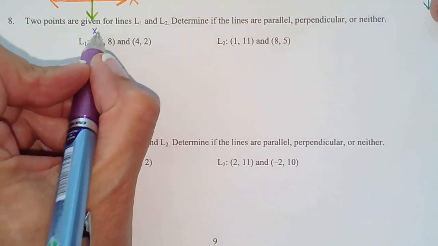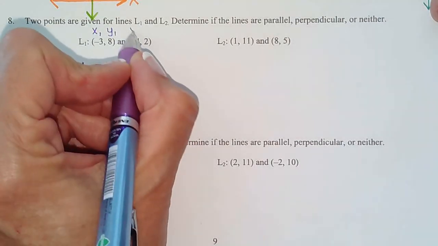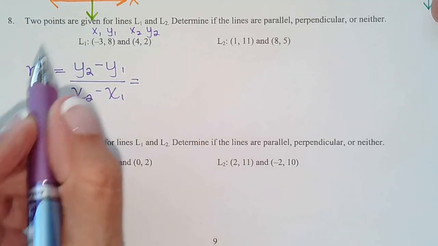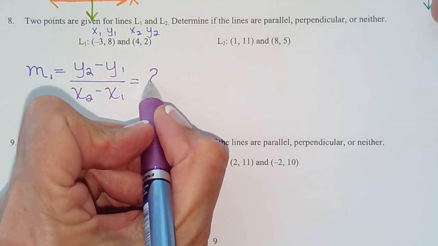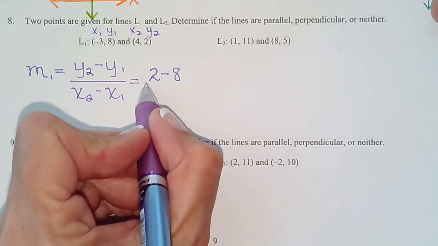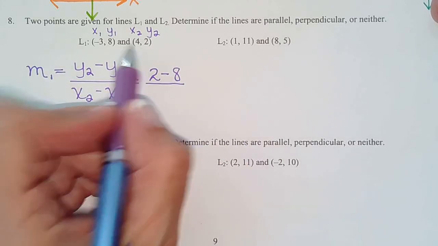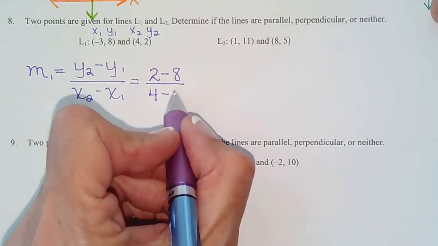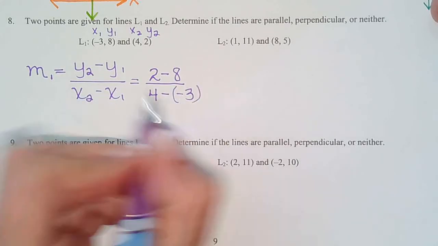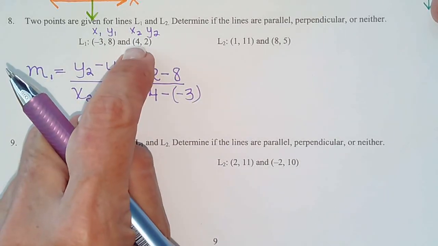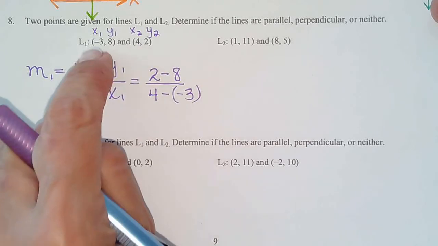So here's my first x, my first y, my second x, my second y. So second y would be 2 minus my first y, which would be 8, over second x, 4, minus my first x, negative 3. So 2 minus 8 over 4 minus negative 3.